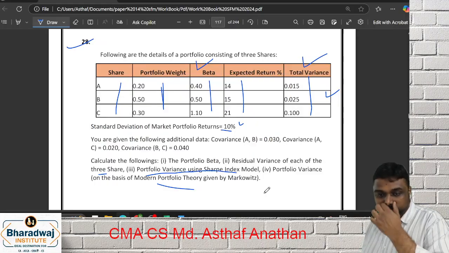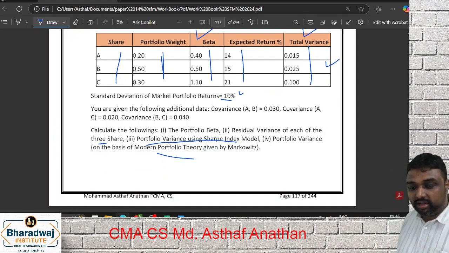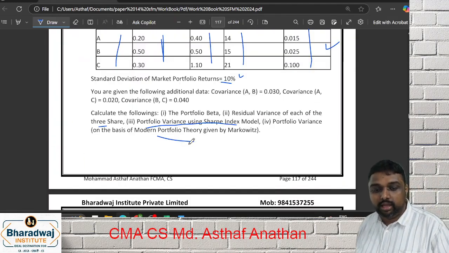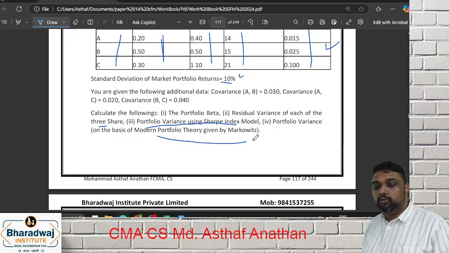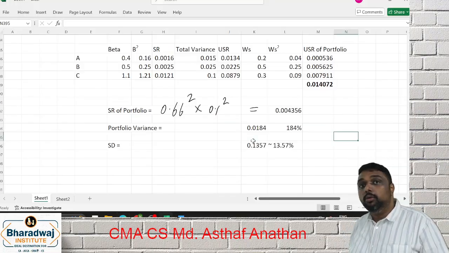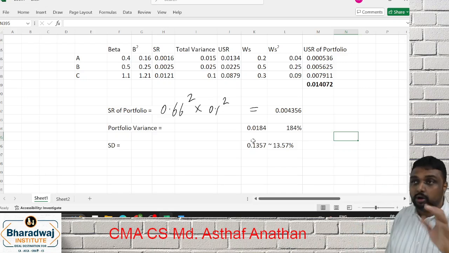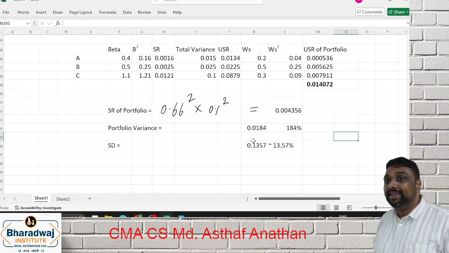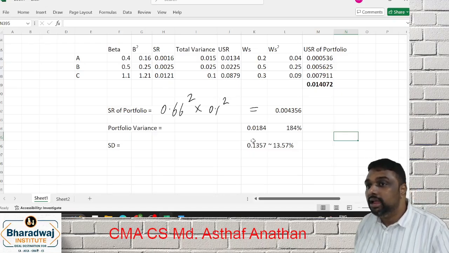Now, going further on this concept, we have the last method, called modern portfolio theory by Markowitz. My dear friends, under Markowitz, it is our normal big formula only. But in the exam, you have to do it in a table method.